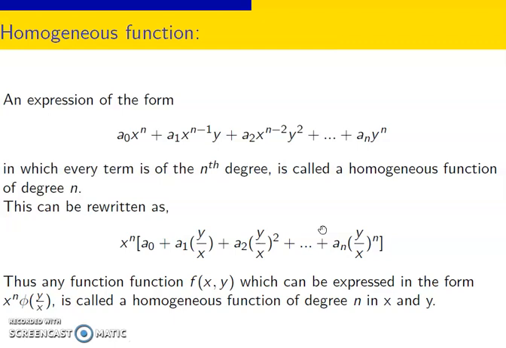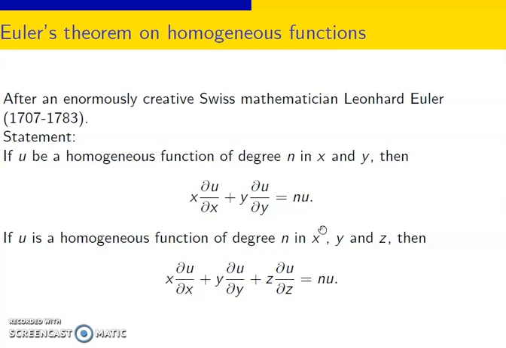Now that we know homogeneous functions, we will see what Euler's theorem on homogeneous functions is. As discussed earlier, Euler's theorem is applicable on homogeneous functions, which have all terms of the same degree.